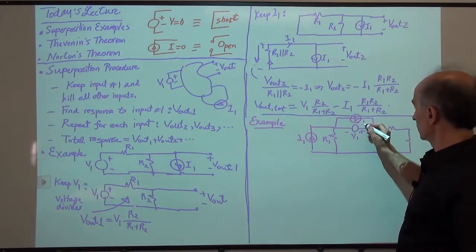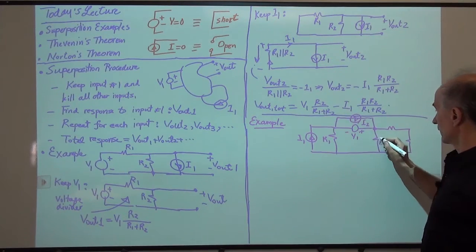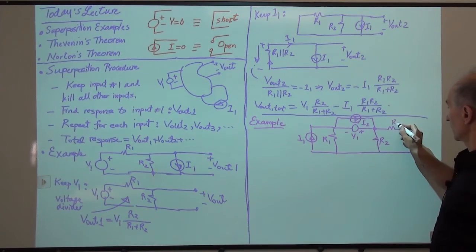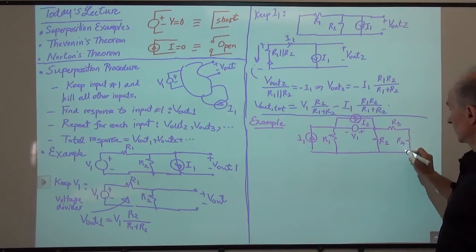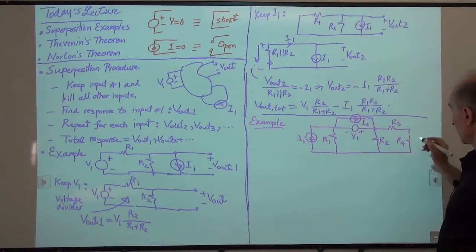So call this I2, and then R2, R3, R4, and we are interested in this output here. So that's our output, V out.